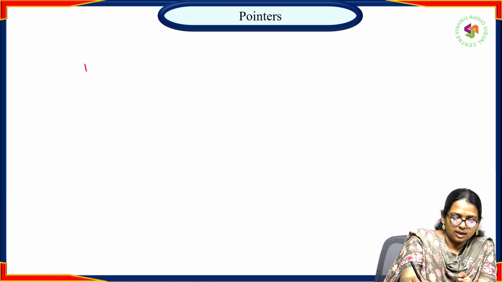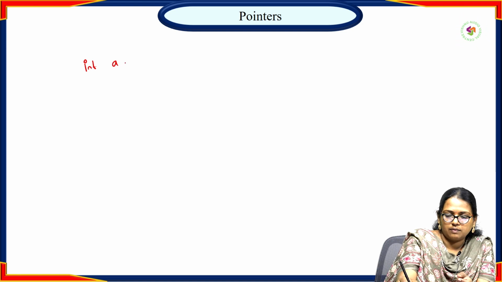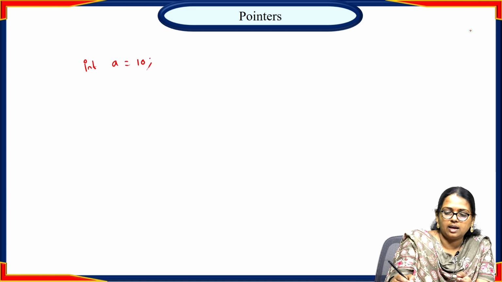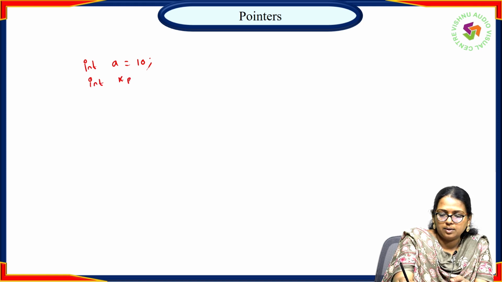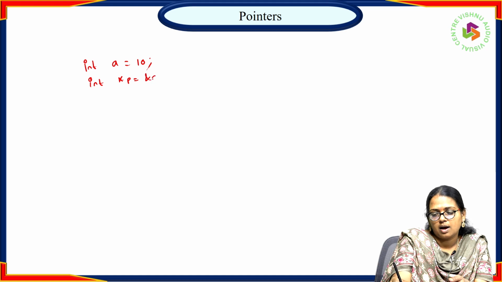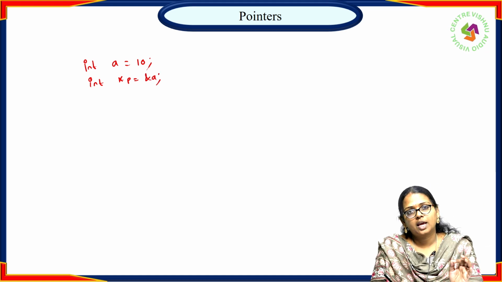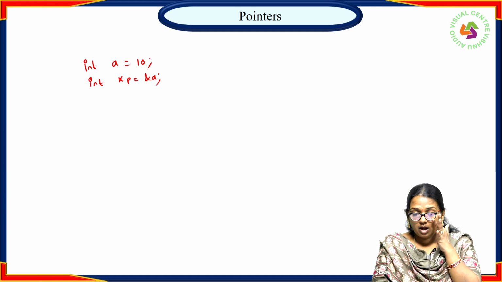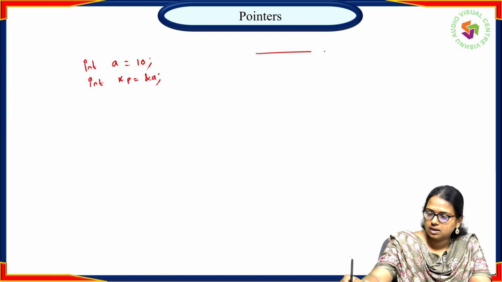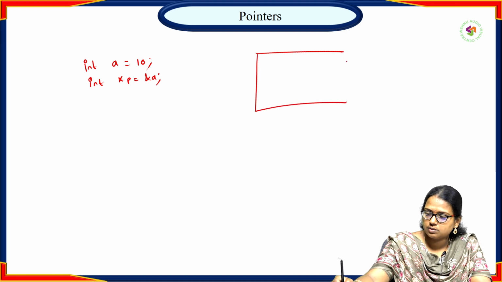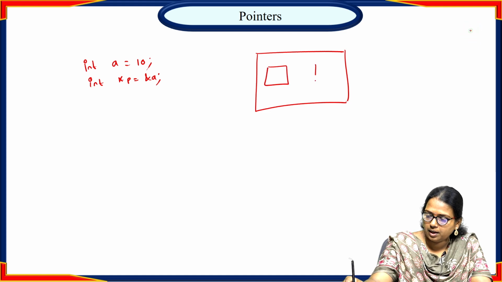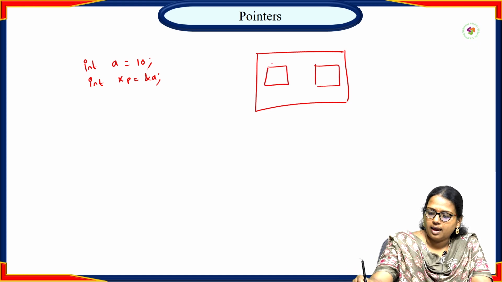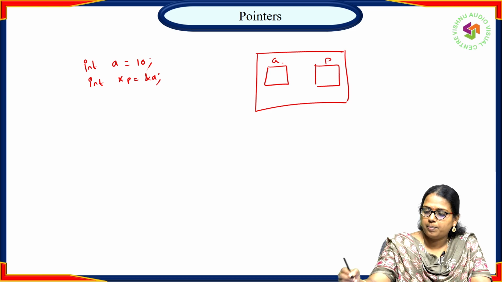Now see, if we have like this, int a equals to 10, int pointer p is equals to address of a. We can also initialize a pointer at declaration itself. How internally it will store means, as soon as we declare the two variables, it will occupy some space in memory, a and p.